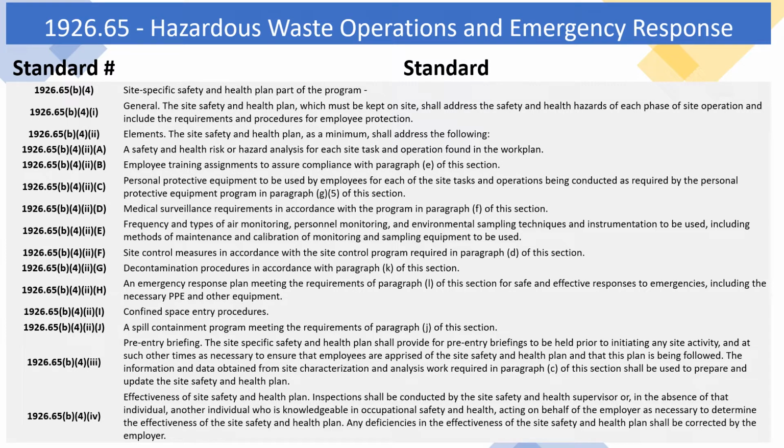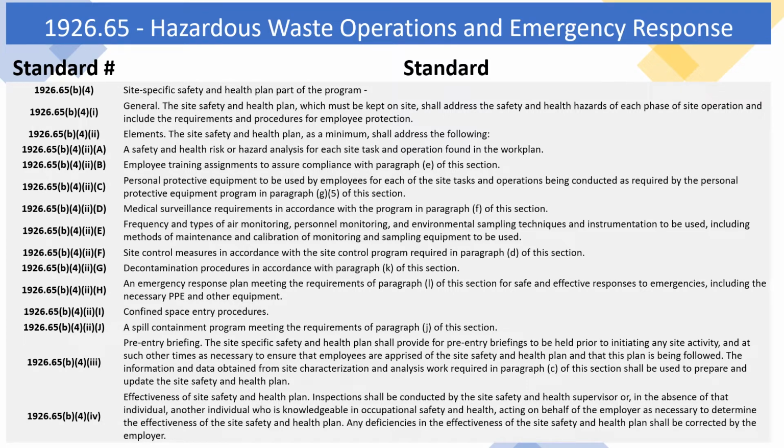(F): Site control measures in accordance with the site control program required in paragraph (d) of this section. (G): Decontamination procedures in accordance with paragraph (k) of this section. (H): An emergency response plan meeting the requirements of paragraph (l) of this section for safe and effective responses to emergencies, including the necessary PPE and other equipment.